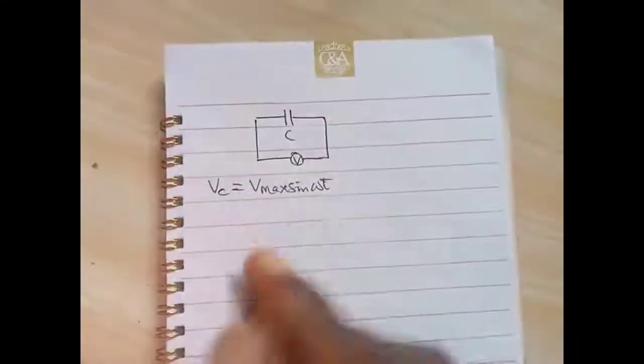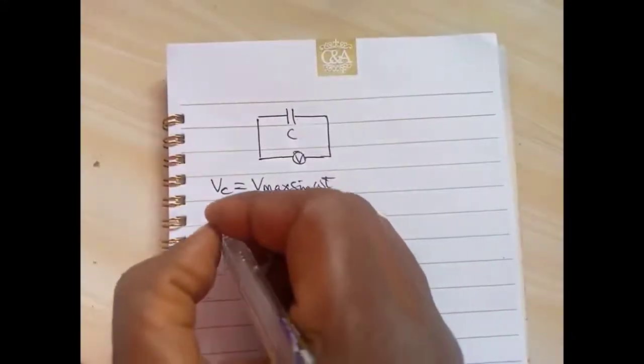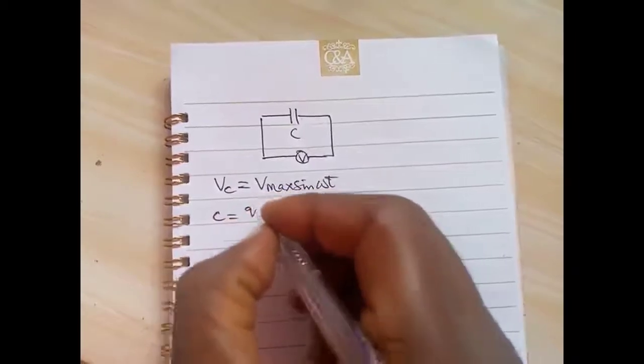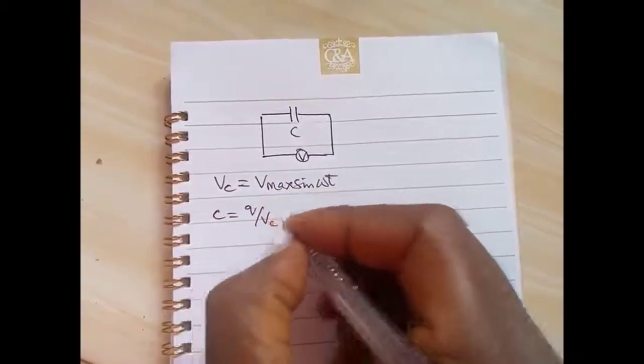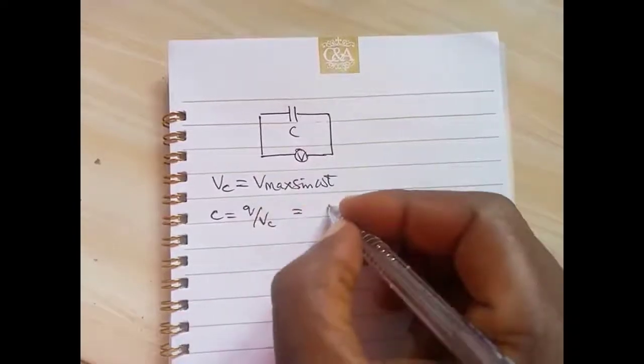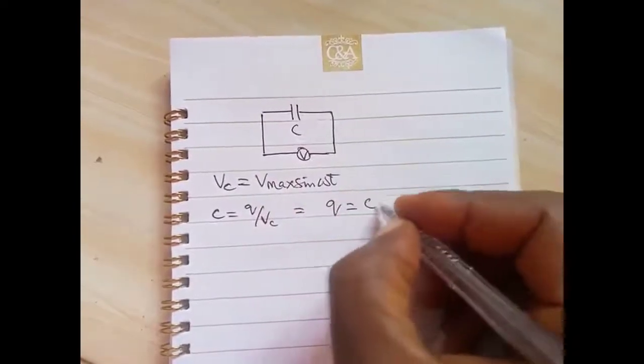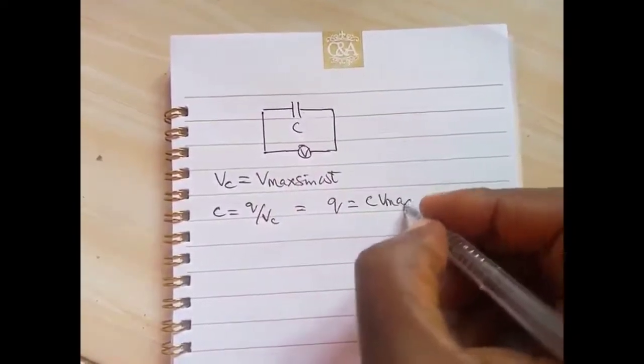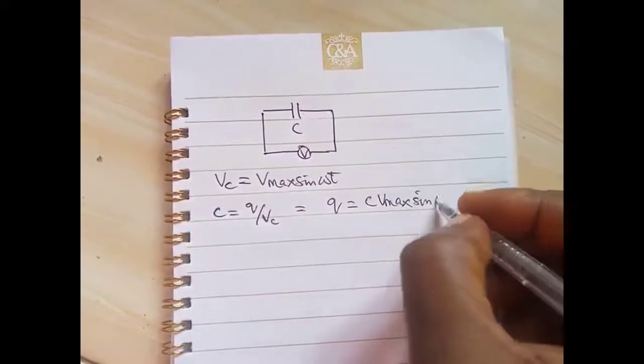Now, if we use the formula that C is equal to Q over VC, we make Q the subject of the formula. Q becomes equal to C V max sine omega t.